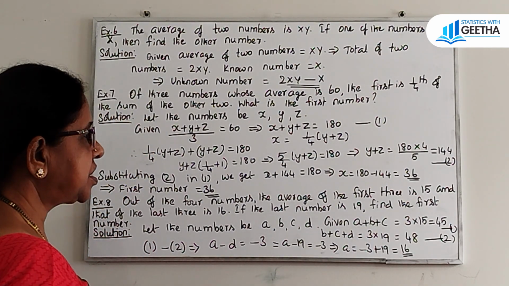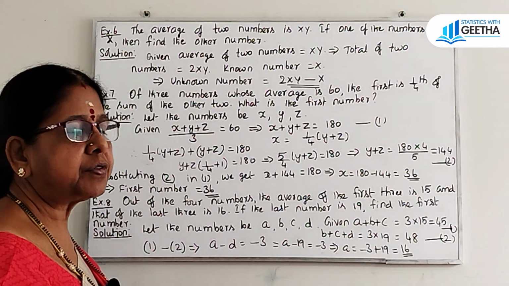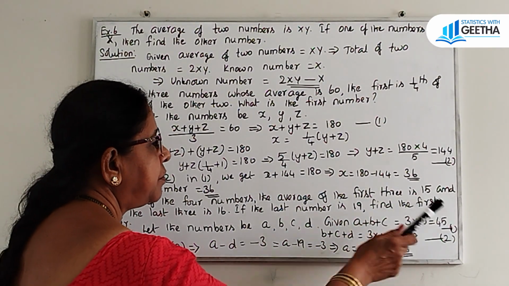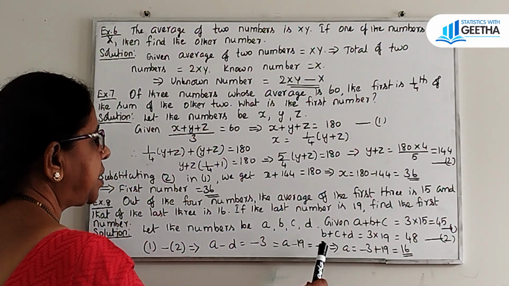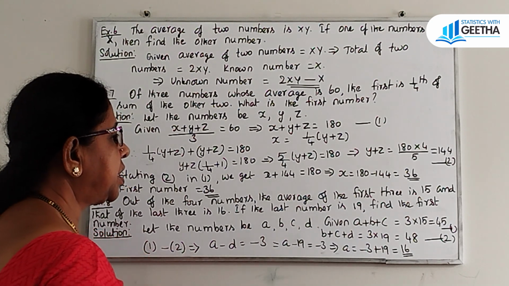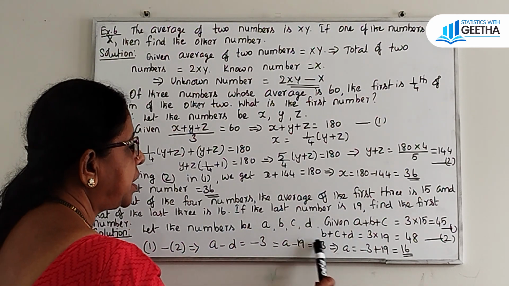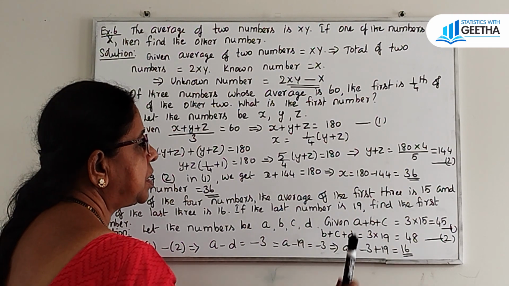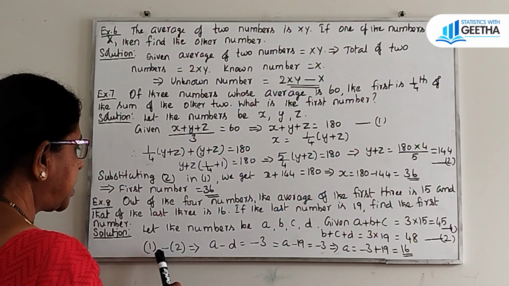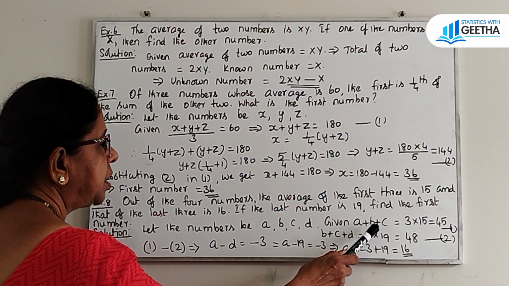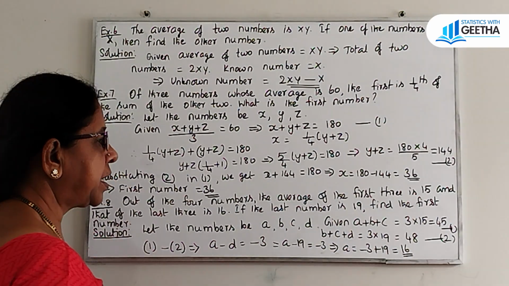நமக்கு total of first three numbers வேணும், average of the first three numbers 15. அப்போ total of the first three numbers 3 into 15, 45. அதை equation number 1 வச்சுக்கிறோம். அதே மாதிரி b plus c plus d, last three numbers அதனுடைய average 16 சொல்றாங்க. அப்போ total of the last three numbers 3 into 16, that is 48. So that is equation 2. இப்போ 1 minus 2 பண்ணினா, b plus c இங்கே இருக்குது, minus பண்ணும்போது minus b minus c ஆகி கேன்சல் ஆகிடும்.